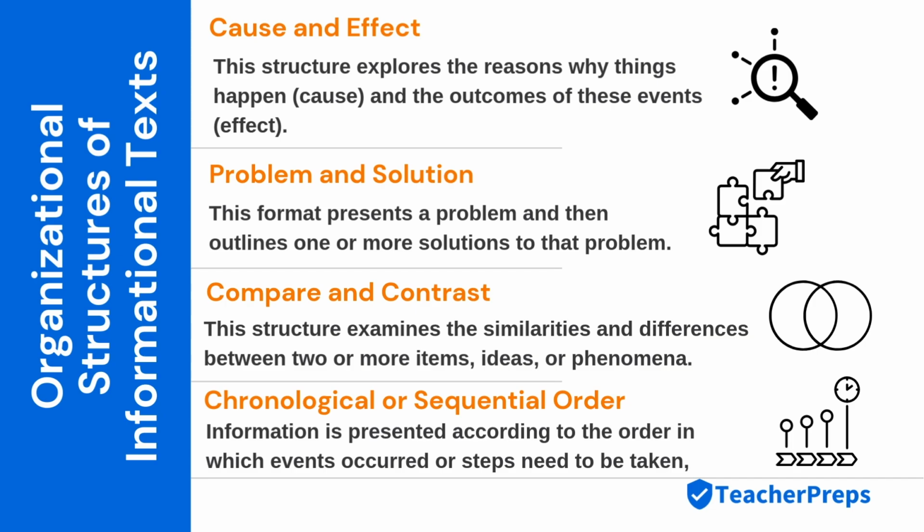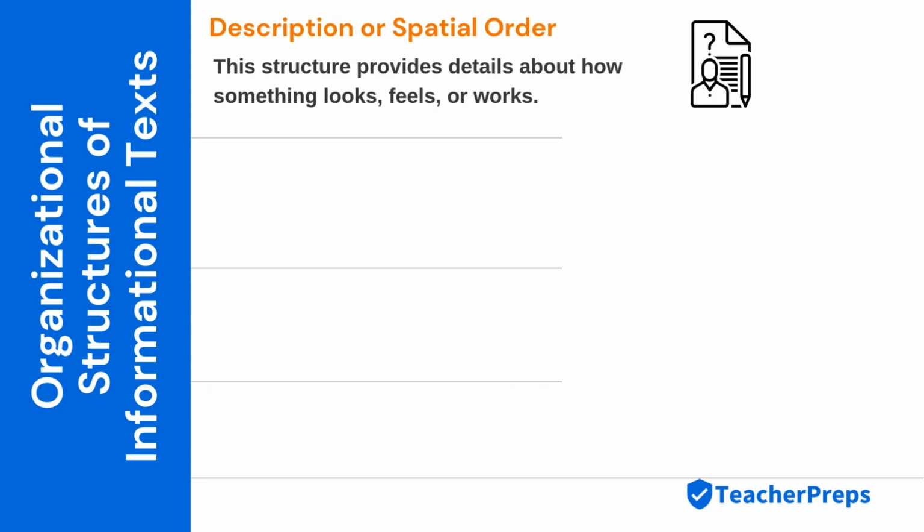Often these are used in historical texts and or how-to guides. Description or spatial order provides details about how something looks, how it feels, how it works, and how often it is described. We use items or conditions in relation to their physical location or layout. That's the spatial order part of it.